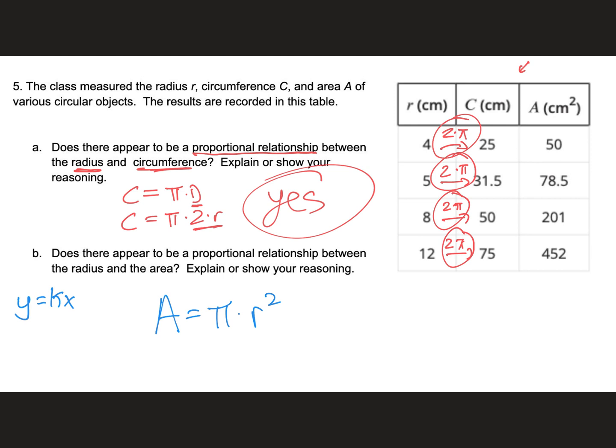And in this case, because this number is being squared, it's not going to be a proportional relationship. 4 times what is 50? 4 times 12.5 is 50. Now, what I'm multiplying to get to each of these is always going to be different. So there is not a proportional relationship between the radius and the area.